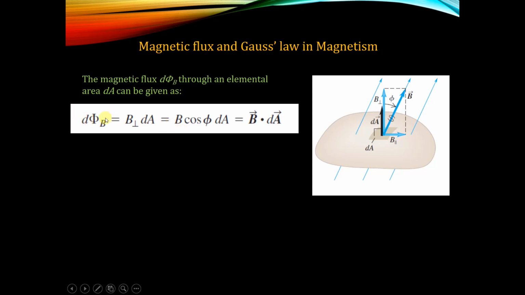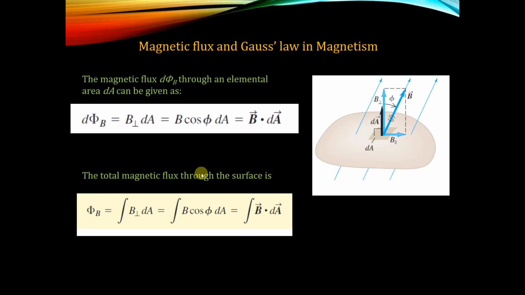If we consider d phi b as the flux for a small elemental area dA, then obviously we need to consider the perpendicular component of the magnetic field, which is b cos phi. So we get d phi b is equal to b perpendicular into dA, is equal to b cos phi into dA, or in general b dot dA. So it's a dot product.